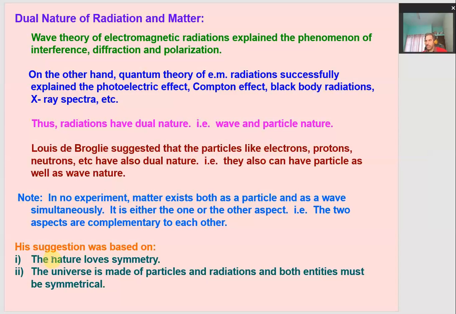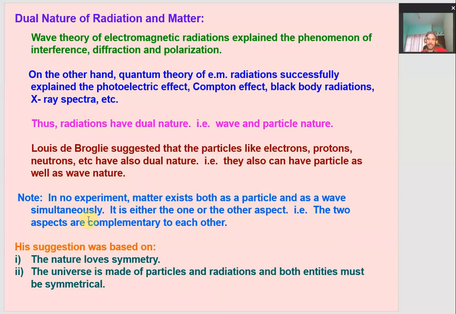Everywhere in nature, symmetrical situations exist. And second, he said that the universe is made of particles and radiation, means mass, material particles, and energy, or we can say radiations, and both entities must be symmetrical.